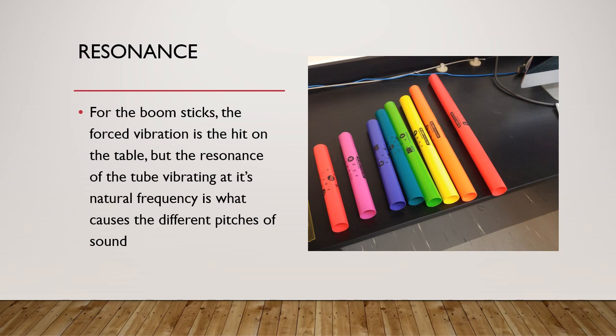So we'll see that more in the demo, but the shorter tube is going to have the highest pitch. It's going to have the shortest wavelength and the highest frequency for the sound inside. Whereas the longest tube will have the longest wavelength of sound that resonates inside and therefore the lowest pitch.